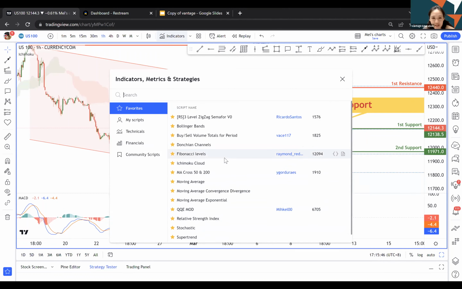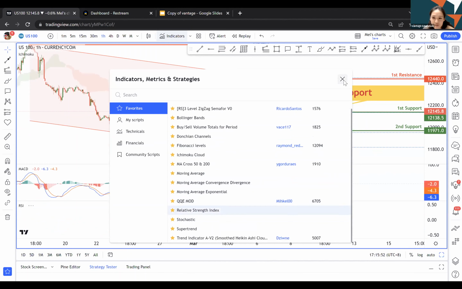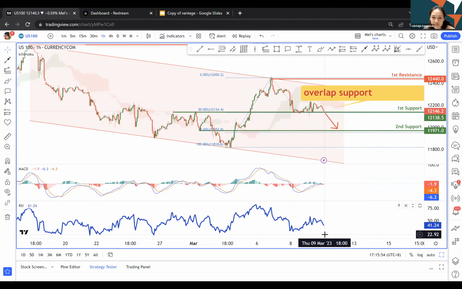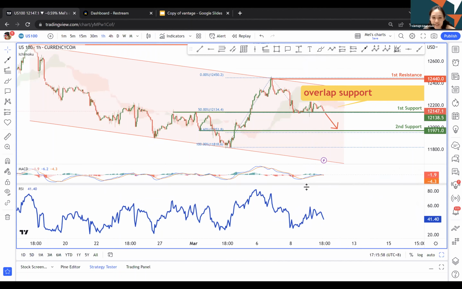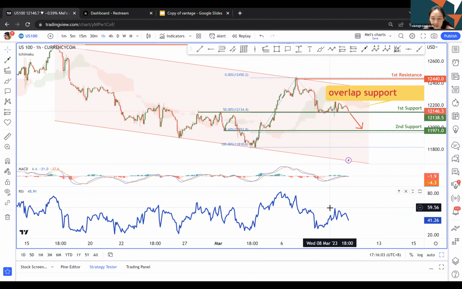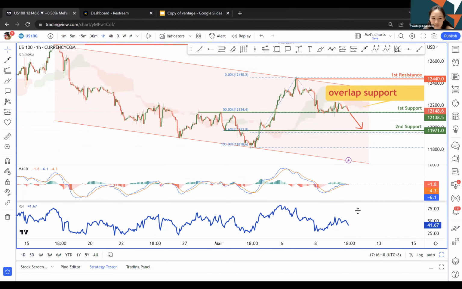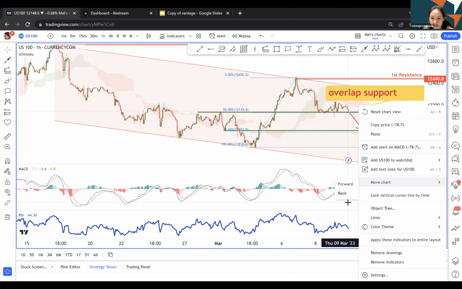Because there are so many indicators, there are about 100, and they are likely to give you different indicators each time. So we stick to these 4 normally, but I'm curious to know what you guys normally use. You can just let me know in the chat. Okay, but in the meantime, let's take a look at RSI.